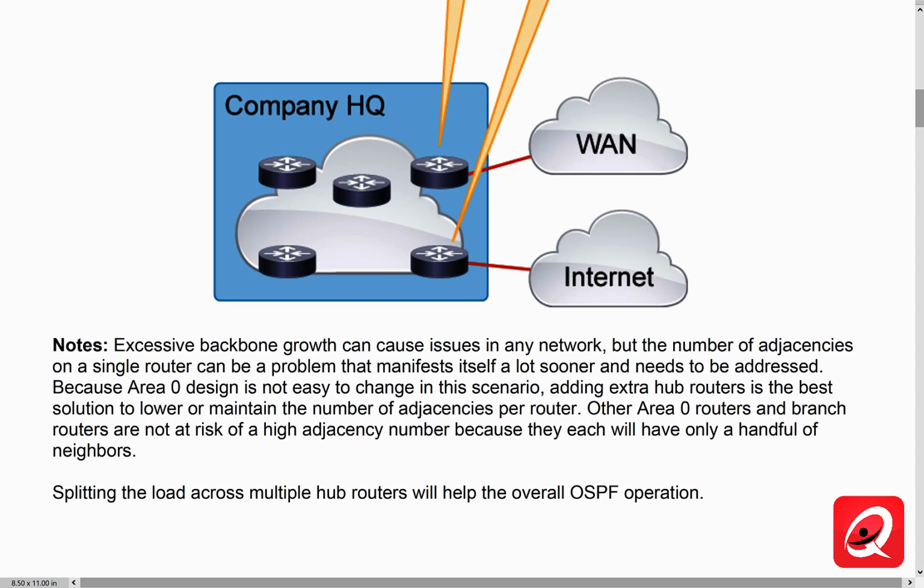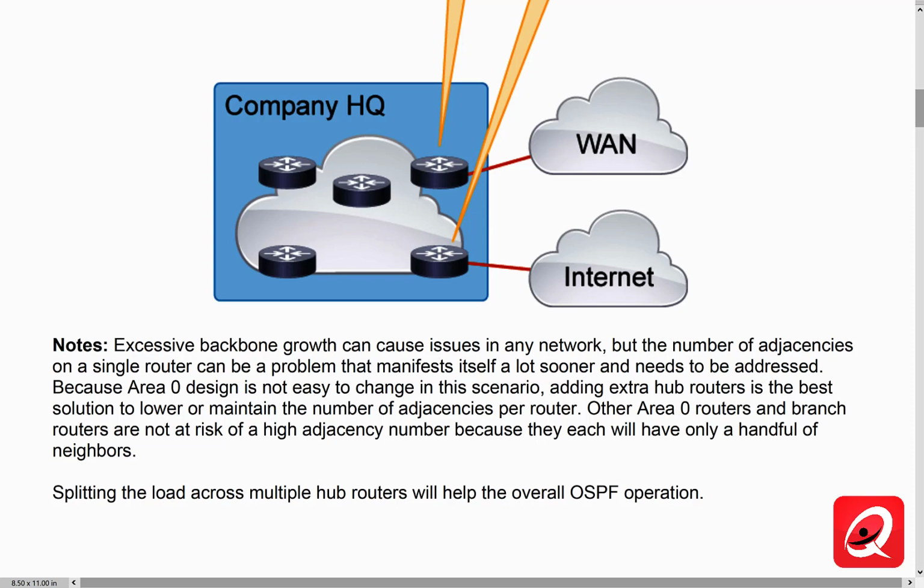Excessive backbone growth can cause issues in any network, but the number of adjacencies on a single router can be a problem that manifests itself a lot sooner and needs to be addressed. Because the Area 0 design is not easy to change in this scenario because of all the restrictions that we have with summarization, etc., adding an extra hub router is the best solution to lower or maintain the number of adjacencies per router.